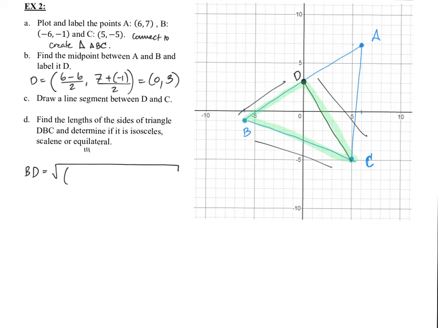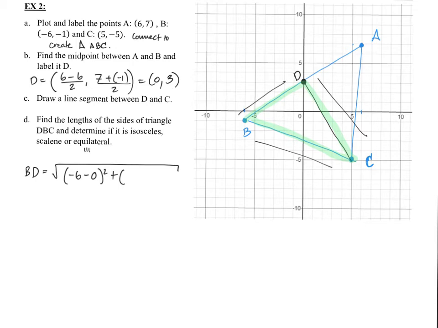So B is -6 minus the D value, 0, squared, plus, then we color code these, 6, and then after that, we're going to go ahead and take the difference between the y values.